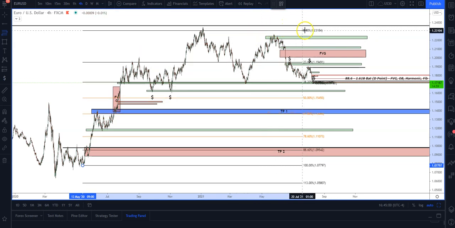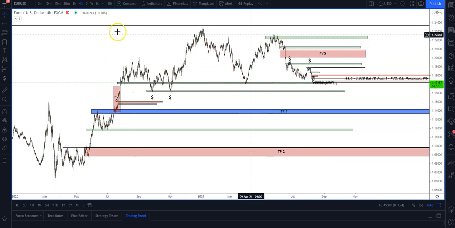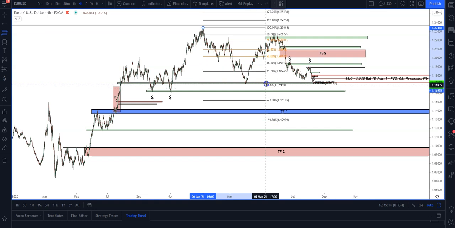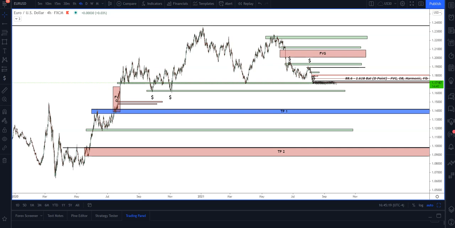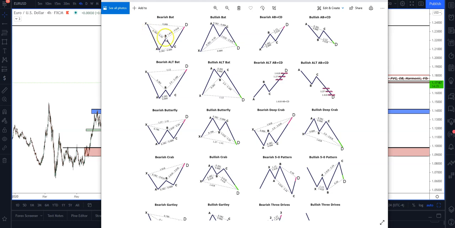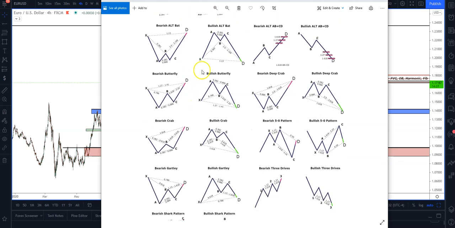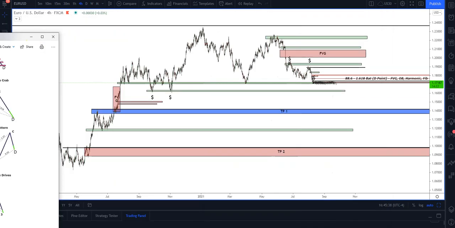If we do like this, we're at the 38, 78.6, or 88.6, 88.6, 38, 88.6. We bring this over here, 38, 88.6. So it could either be a bullish bat, or it can be a bullish crab. So let's do this again.